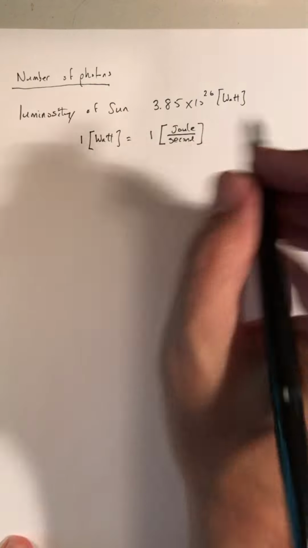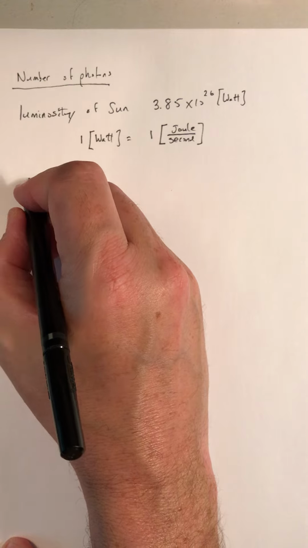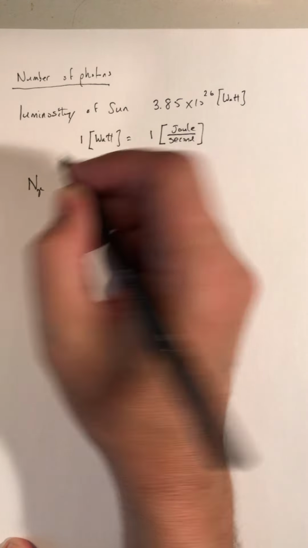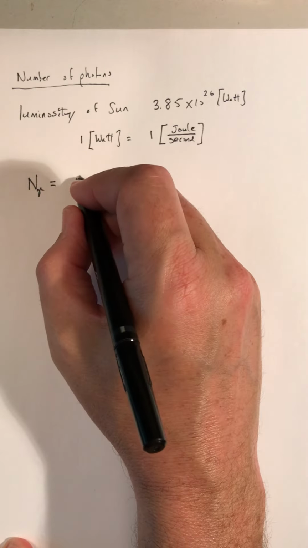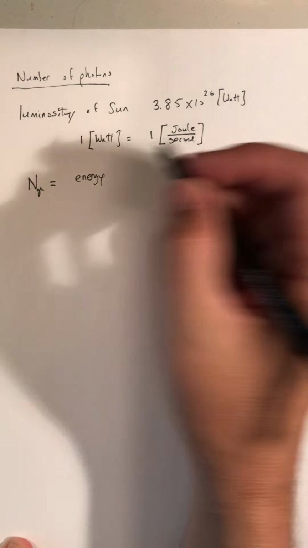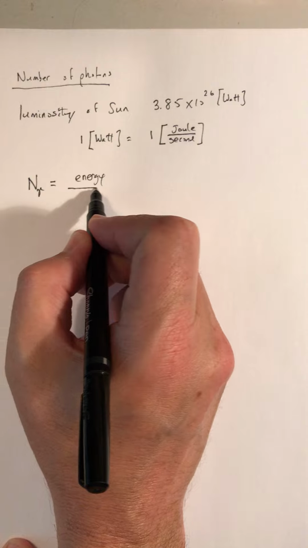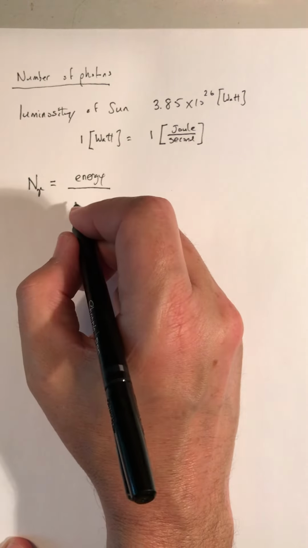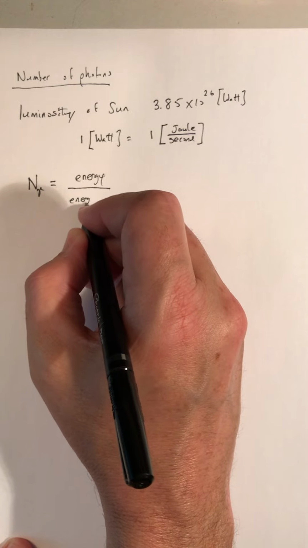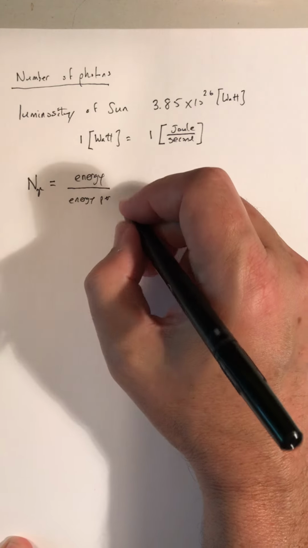So the number of photons that the sun is emitting every second is going to be the rate that the sun is radiating energy times a second, so an energy divided by energy per photon.